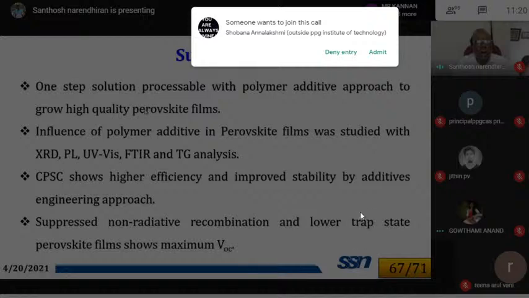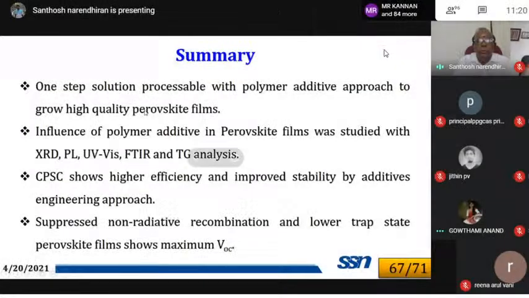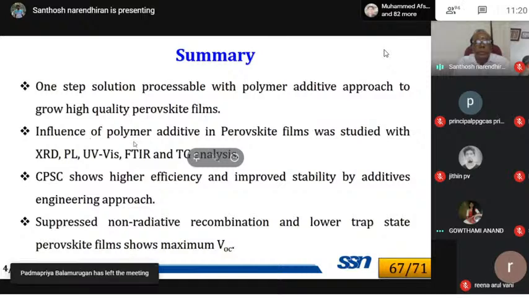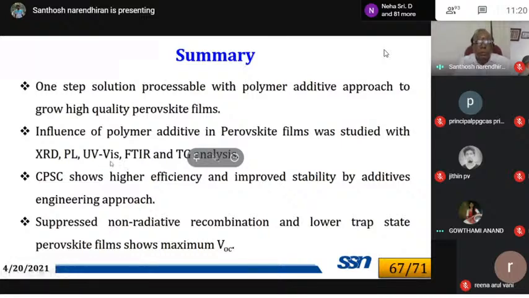There is a lot more to be done, and this is such a huge area where a number of activities can be made, and it is endless. And we have been trying to do our part here. The influence of polymer additive in perovskite films was studied with XRD, photoluminescence, UV visible, FTIR, and thermogravimetric analysis. We could understand most of the results through these studies.